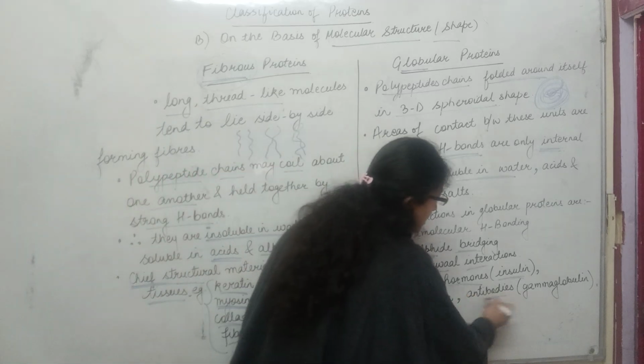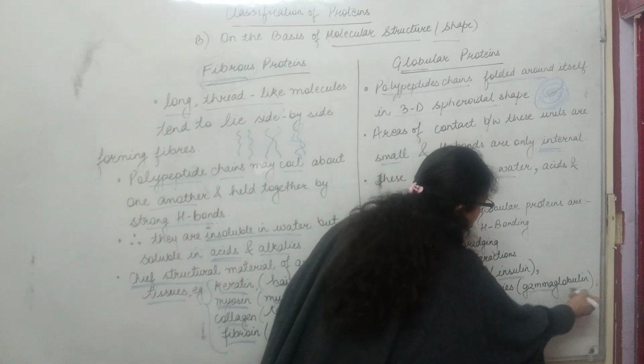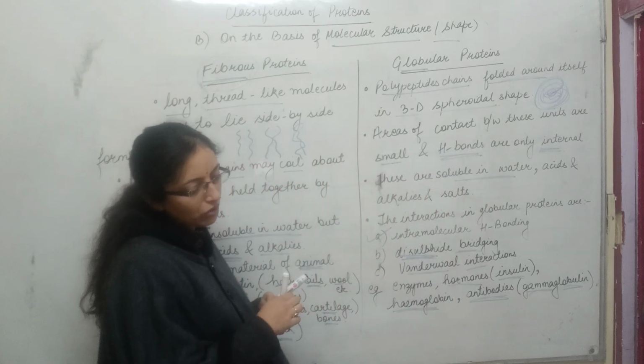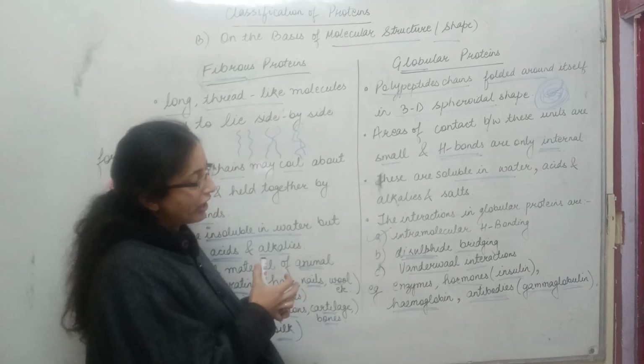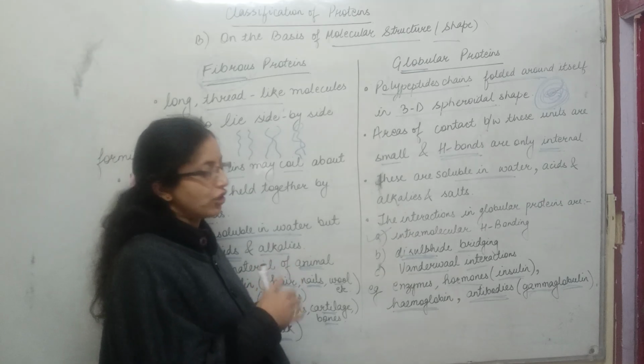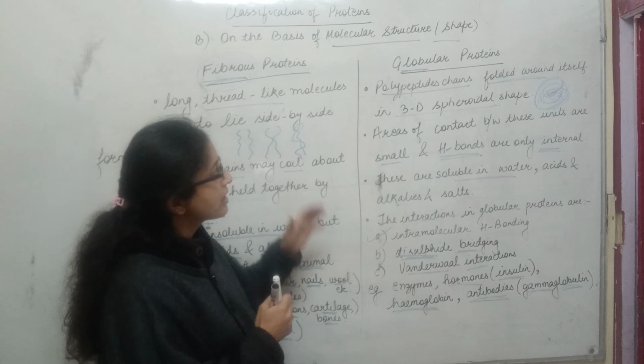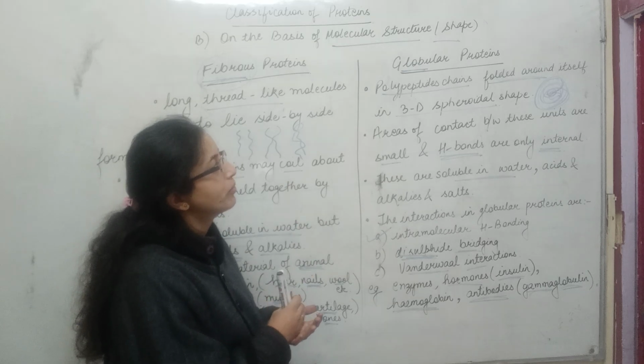Then antibodies like gamma globulin. What do the antibodies do? They protect the body from outside infection. So these are some of the important examples of globular proteins.